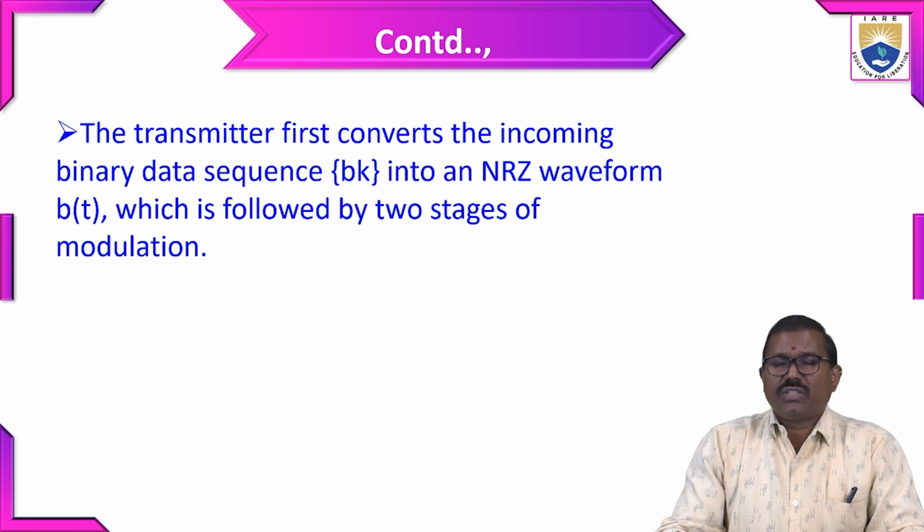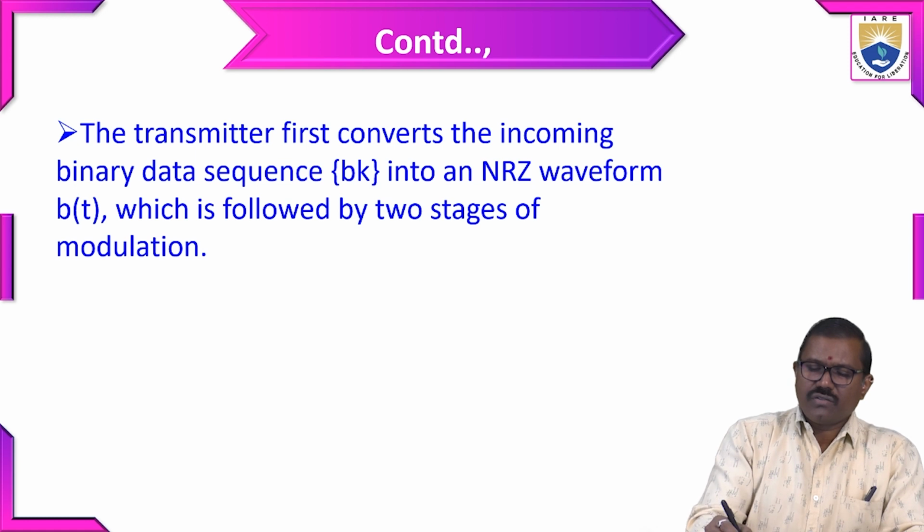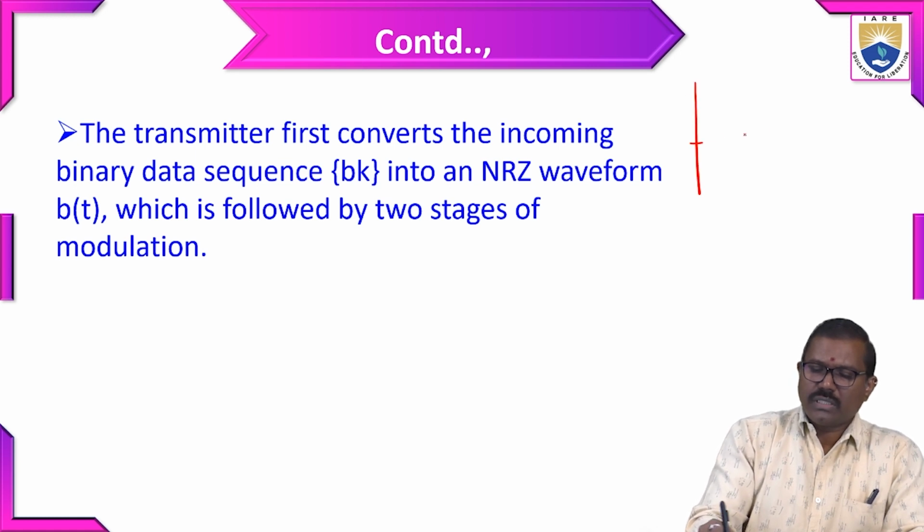Now the transmitter first converts the incoming binary data sequence b_k into an NRZ waveform, which is b(t). NRZ means non-return to zero. For example, this is 1, 0, 1, like that.